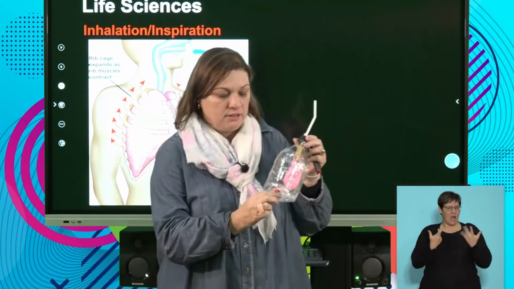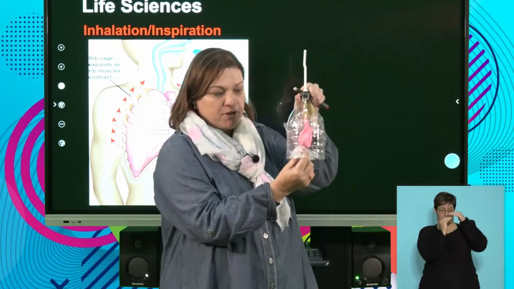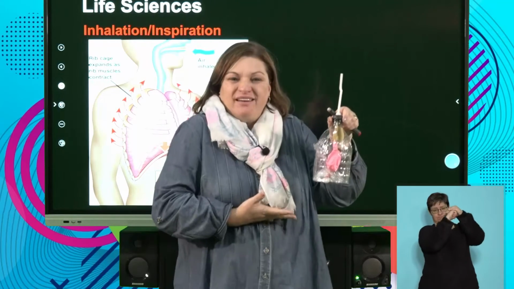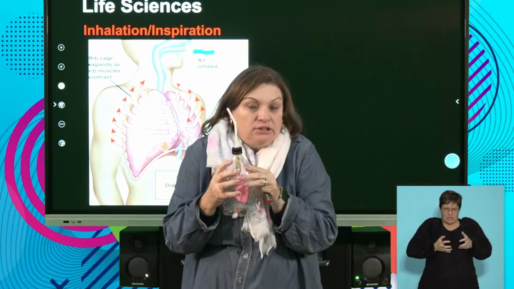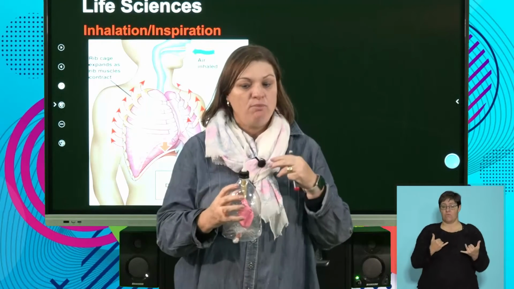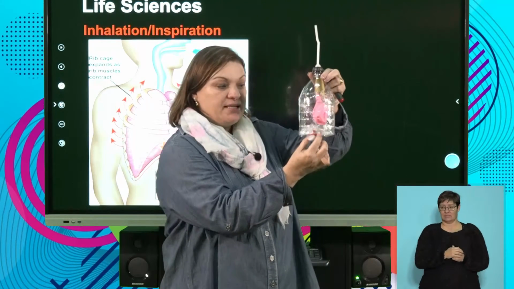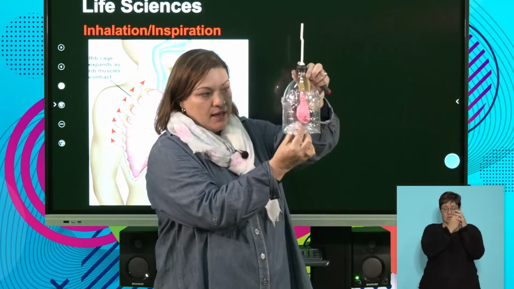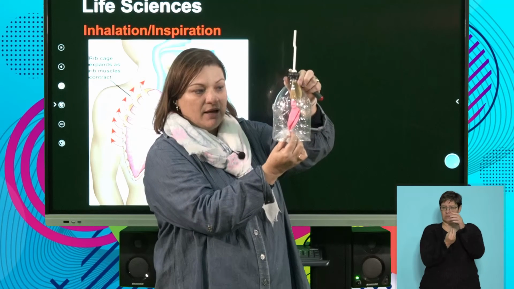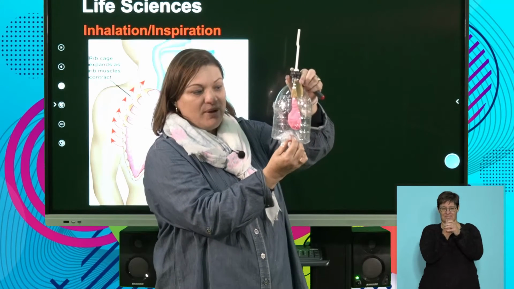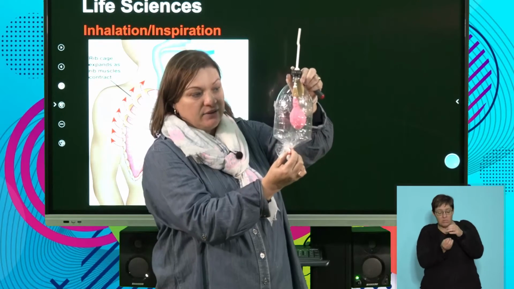How do I do that? Look at my diaphragm, okay? It's pushed in, squeezed, and my ribs are down, squeezed. But now I want to bring air in. So when the diaphragm contracts, it moves. Look at the balloon, okay? Can you have a look there? So when the diaphragm pulls down, what happens? Space.